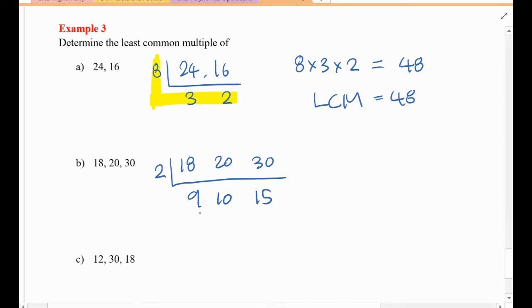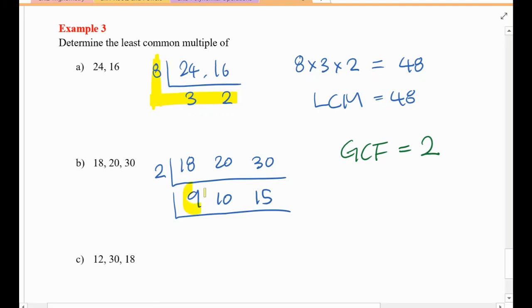So if you have 9 and 10 and 15, at least among those 3 numbers, at least 2 numbers have common factor, we do more. We go further than this. So GCF, we should stop for GCF. GCF is 2. But to find LCM, we do more.